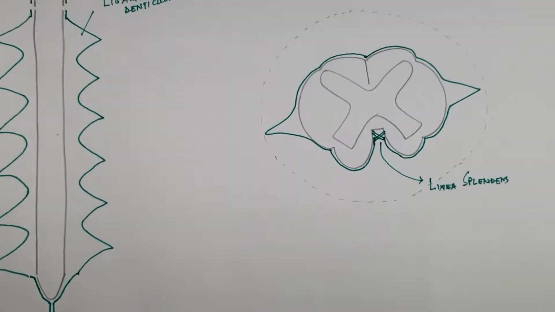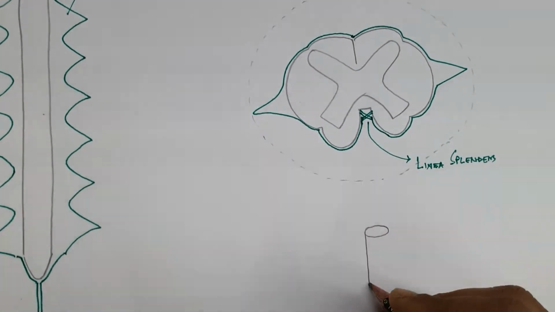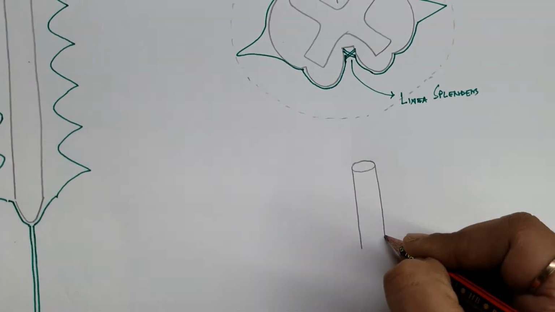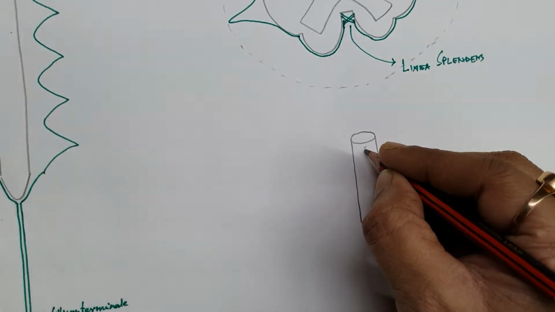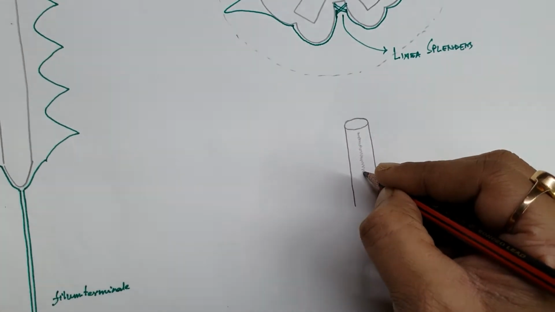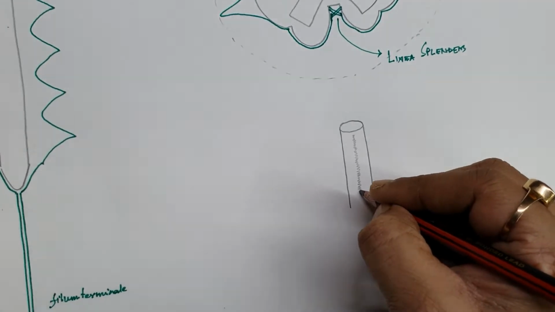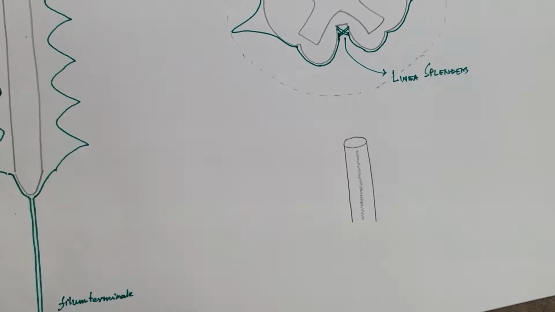If we see the spinal cord longitudinally, in the live specimen, there is a glistening pia mater we can see, and this looks like a long line, so it is known as linea splendens.